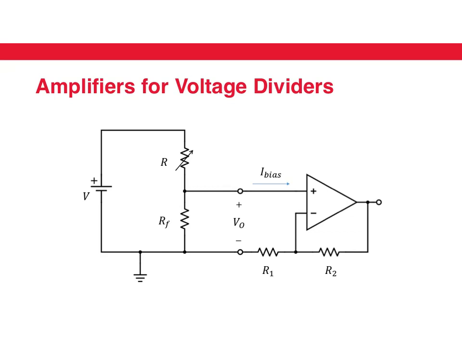In this case, the current I bias is almost equal to 0. In an ideal op-amp, this current is actually 0. But in real life, it's not going to be 0. It's going to be a small current, but probably small enough so that you can ignore it. As an exercise, it would be interesting to figure out how the output voltage changes as a function of the bias current.